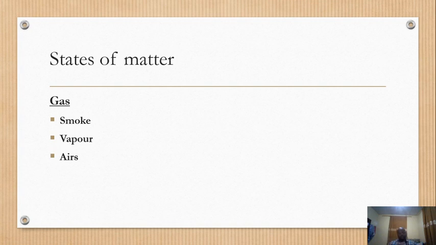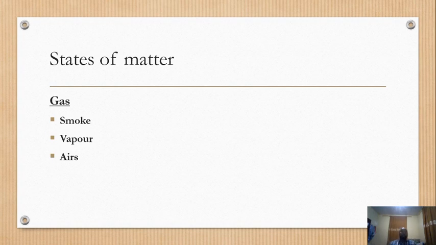Vapor, water vapor: for example, when your mom is cooking and making tea early in the morning, a little smoke comes out of the long spout of the kettle. That's not definitely smoke. It is exactly water, which is in the form of gas. So it's called vapor, water vapor.